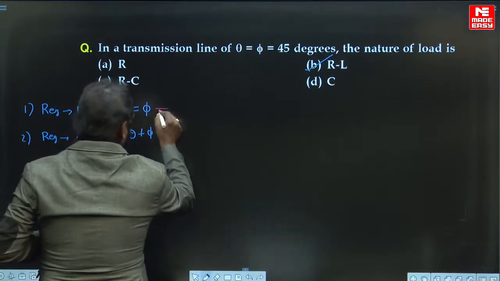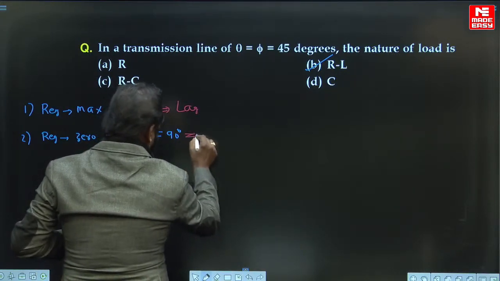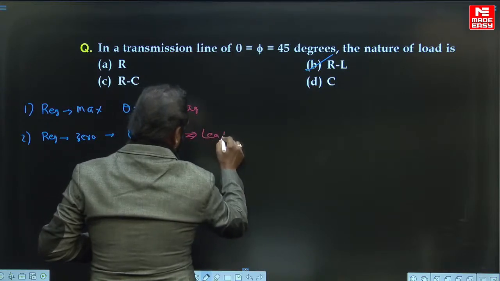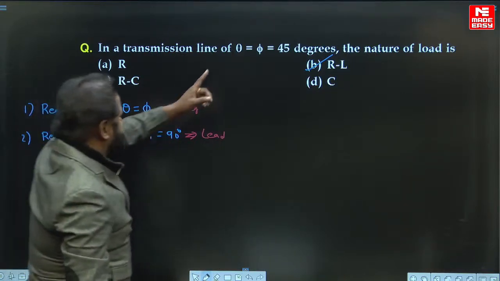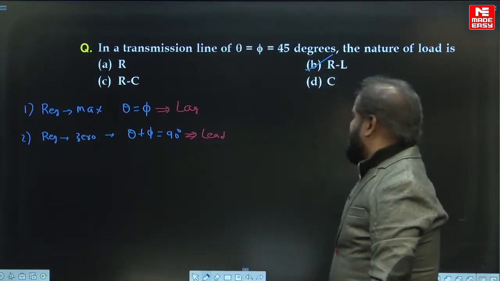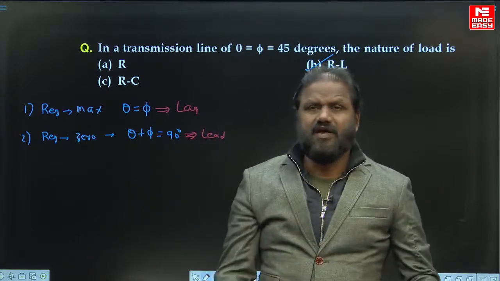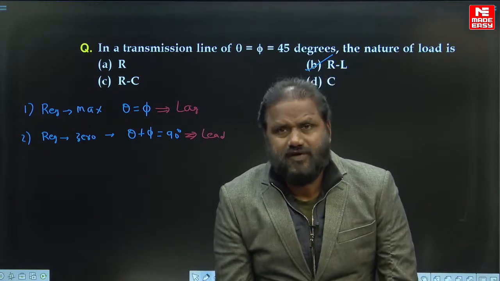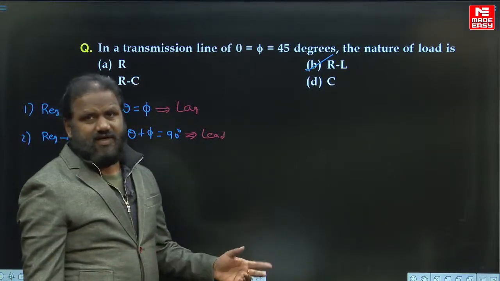In one case, the power factor is lagging. In the other case, the power factor is leading. If you observe, both conditions are satisfied, which means you can't say whether it is lead or lag. So we have to pick the right answer.